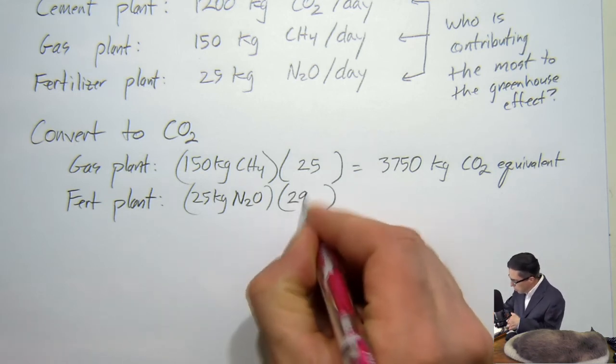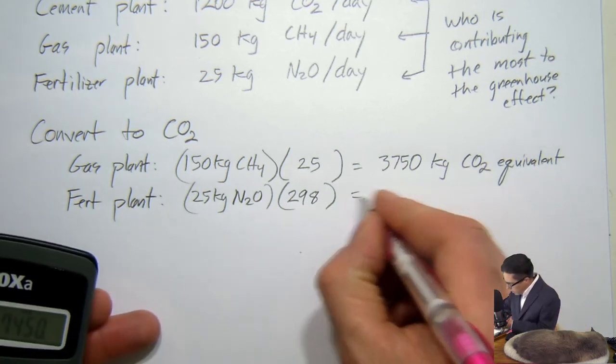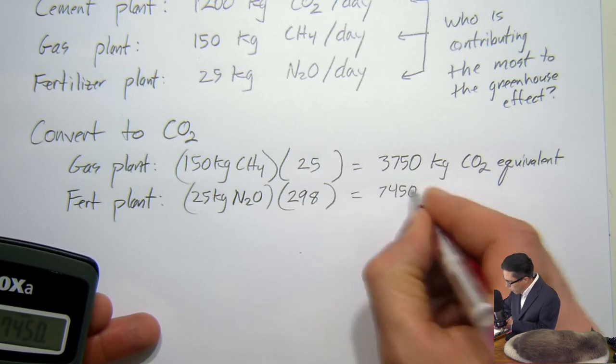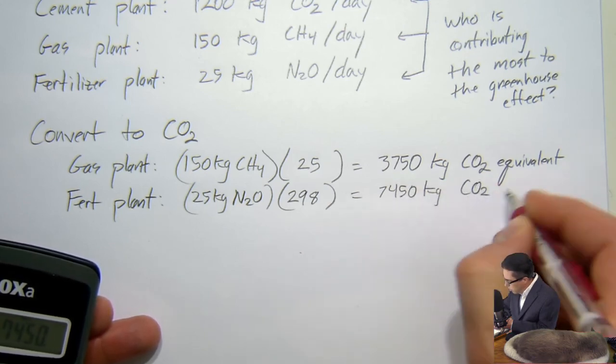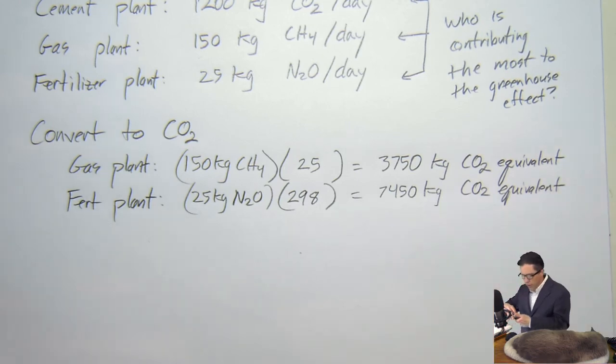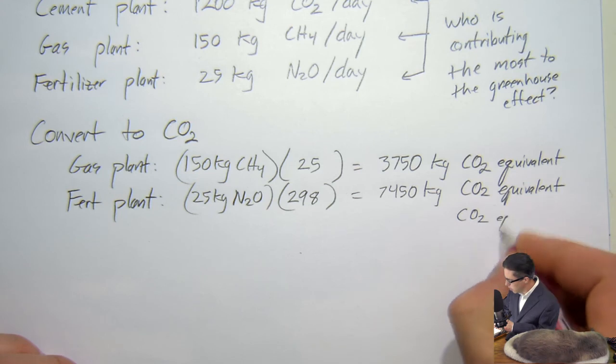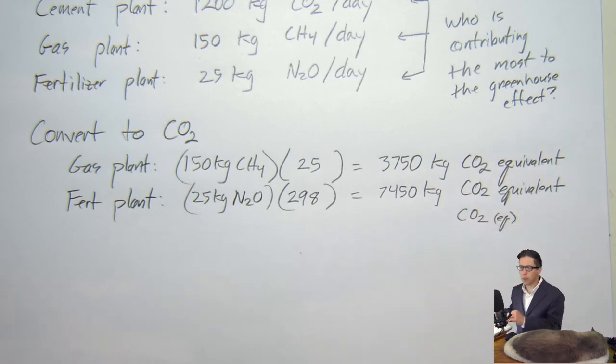So multiply by 298. 25 times 298, I get 7,450 kilograms of CO2 equivalent. Sometimes we get really tired of writing out the word equivalent, so what you'll see instead is CO2 EQ, and sometimes in parentheses. That means equivalent CO2.